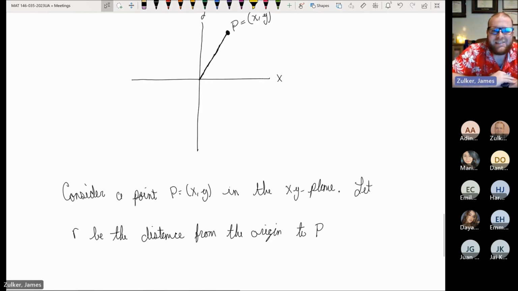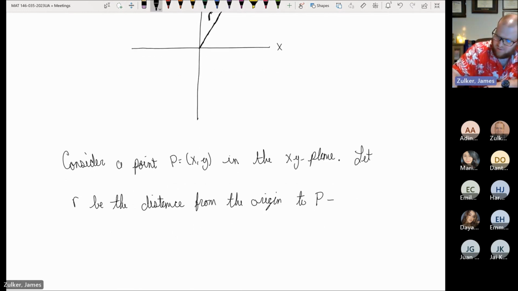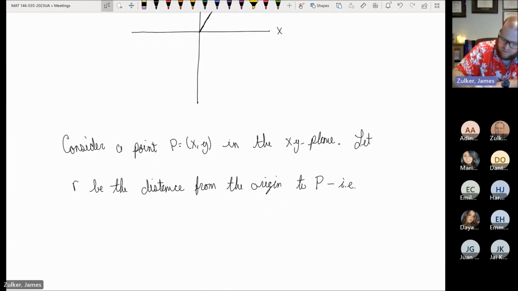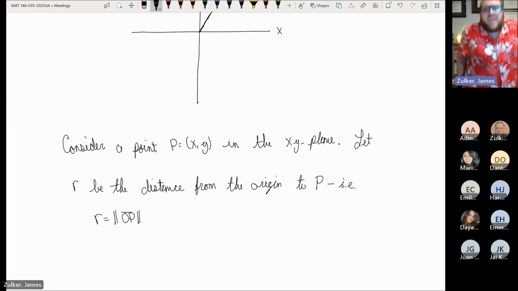Let r be the distance from the origin to our point. In other words, r is the length of the segment OP.